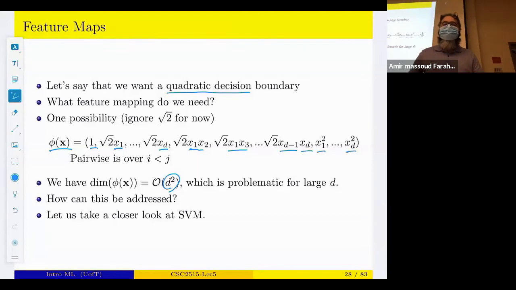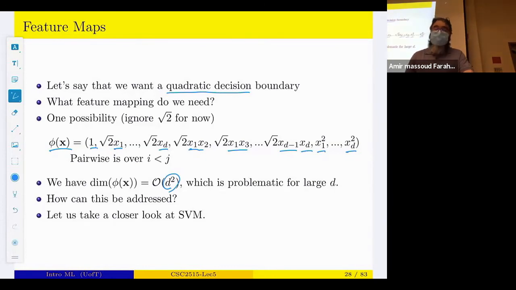So the roadmap is that we want to do this feature mapping without actually computing the feature mapping explicitly. It sounds a little bit unintuitive how this is possible, but we will see why it is the case.